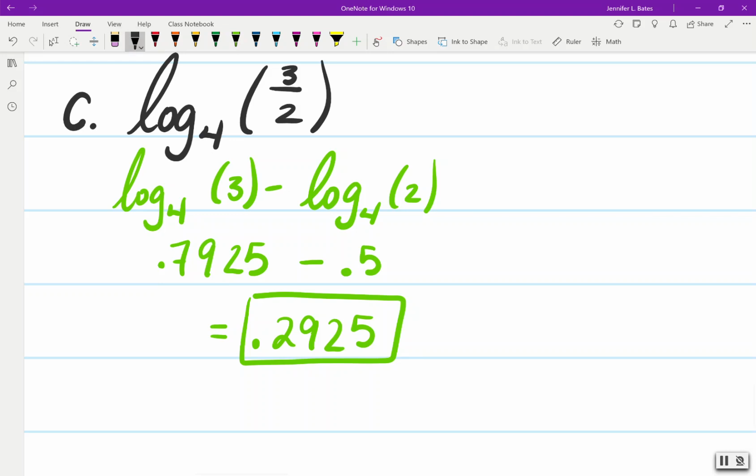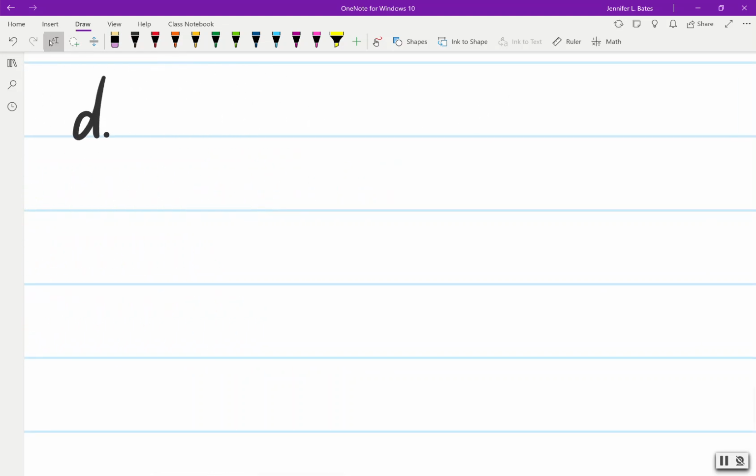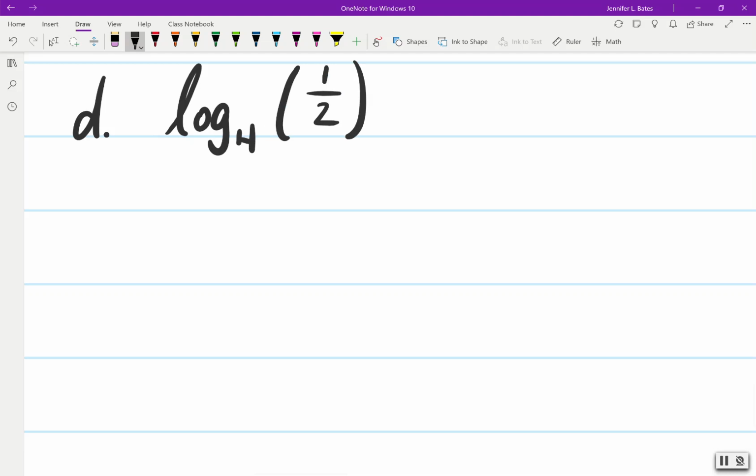The next one, example D. This one's going to be very similar, but we're actually going to look at a new trick. So this is log base 4 of 1/2. It's actually we're going to add it onto our log properties.